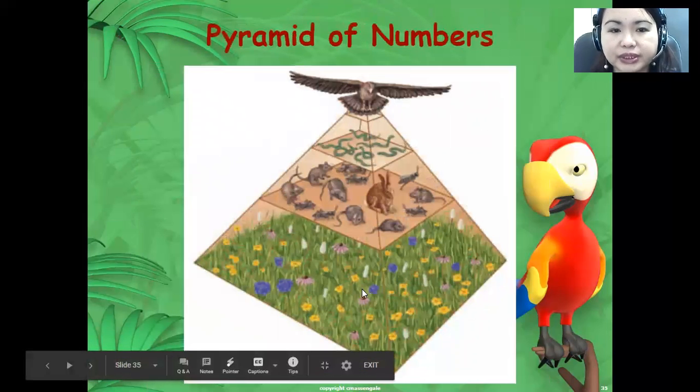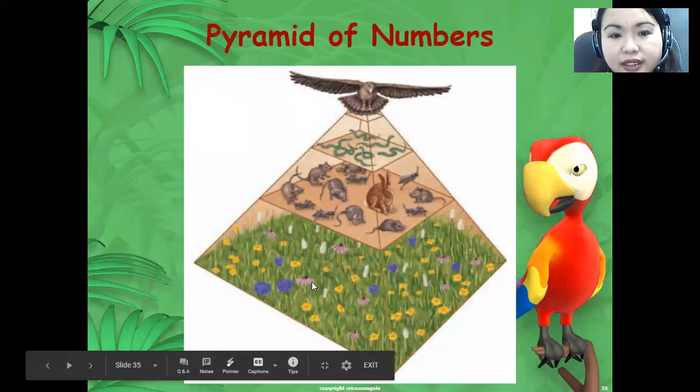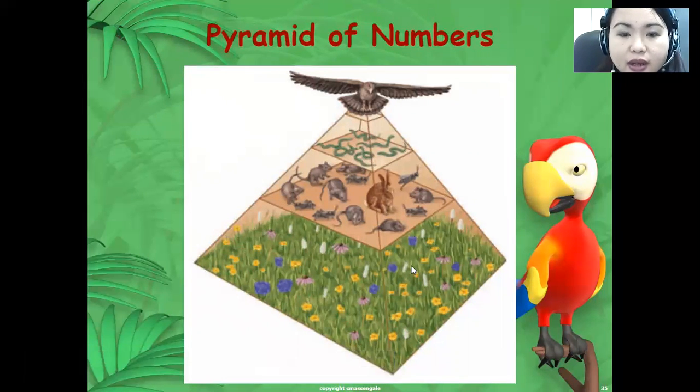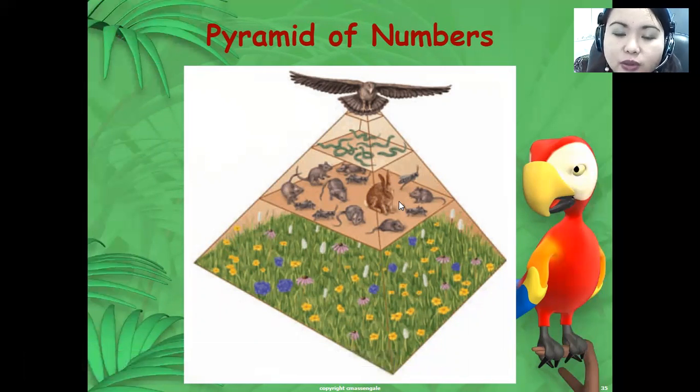And another representation is the pyramid of numbers. So it is not only the biomass and the energy that gets lower, but also the numbers. It takes a large number of producers like plants, and then the secondary consumers and their number, and the third and the top.